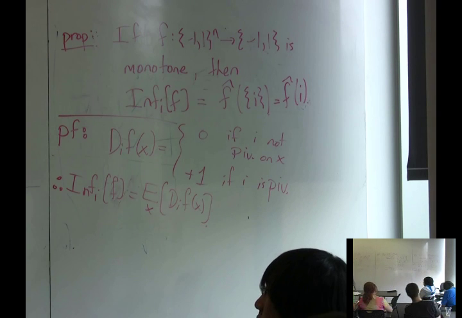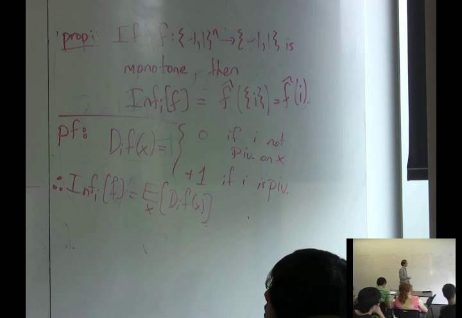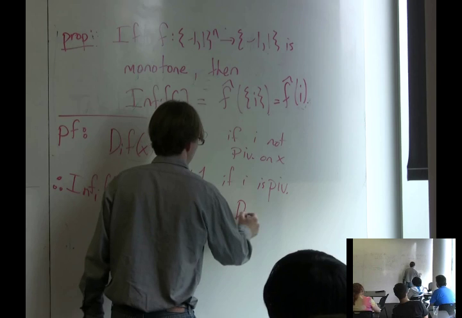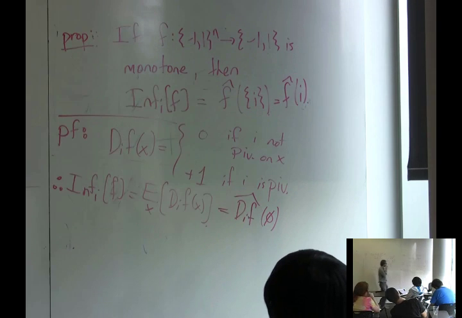And there's a really simple formula for the expectation of a function in terms of its Fourier coefficients. It's just the empty Fourier coefficient. And what's the empty Fourier coefficient of the derivative?